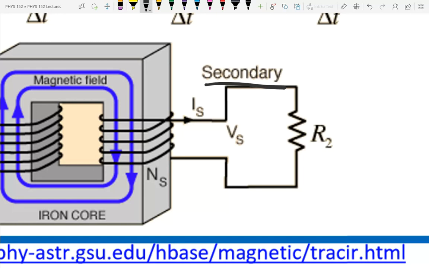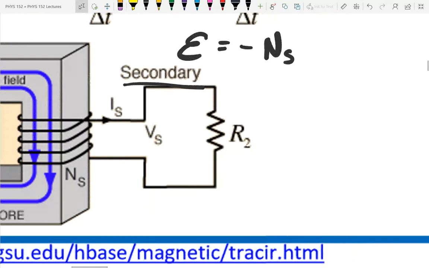And so the output side is going to have an induced EMF minus N secondary times the change in magnetic flux over change in time. Right? That's Faraday's law of induction.